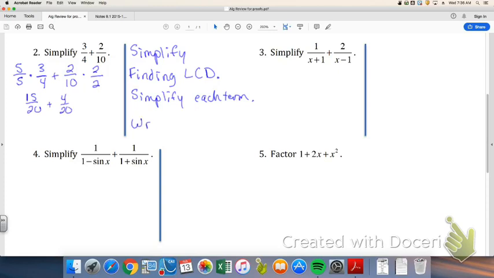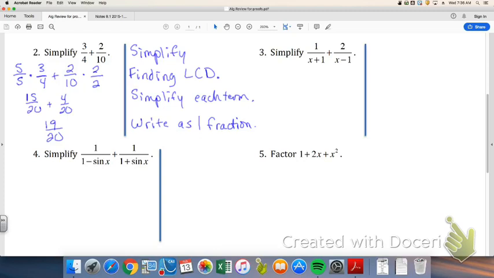And so now write as one fraction. So that is 19/20. So we've showed every single step. And then off to the side, we actually justified and told exactly what we did on each step.